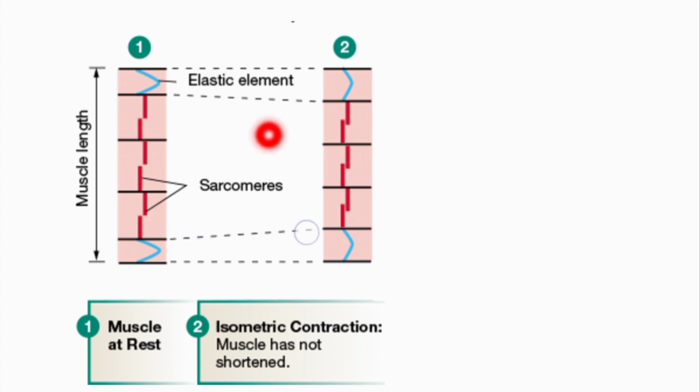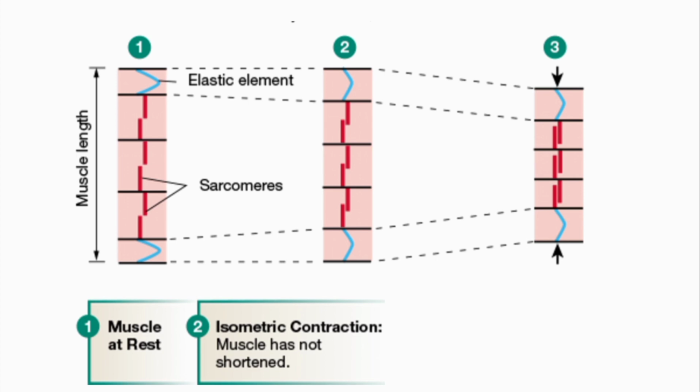Compare this with this: there is overlapping of actin and myosin filaments and the length of sarcomeres is decreased. The sarcomeres have shortened, but the total length of muscle is not changed, because the elastic component has stretched. Compare this with this and this with this. So due to the stretching of the elastic component, the total muscle length has remained the same.